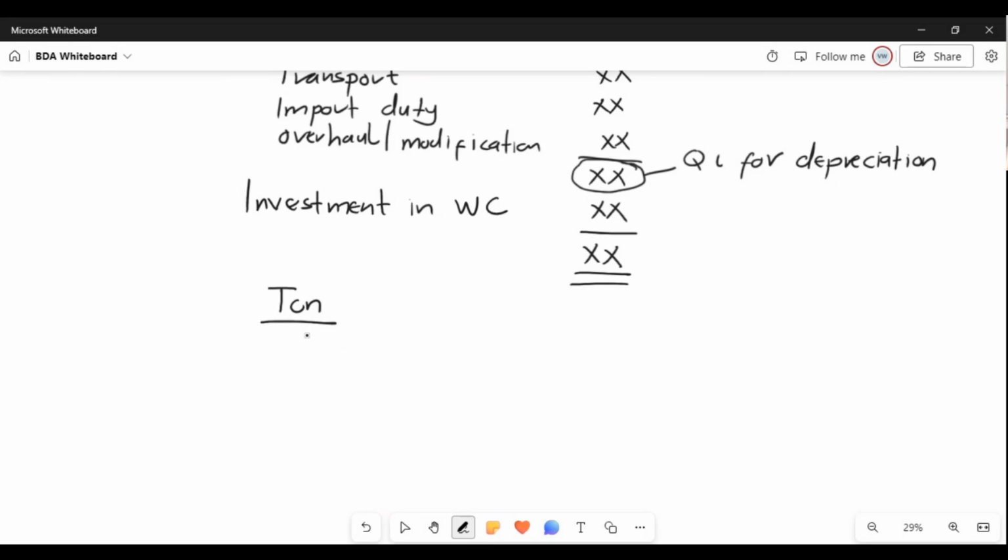So if you're not given the terminal cash flow, then you can compute the terminal cash flow by having the salvage value plus the working capital recovered.